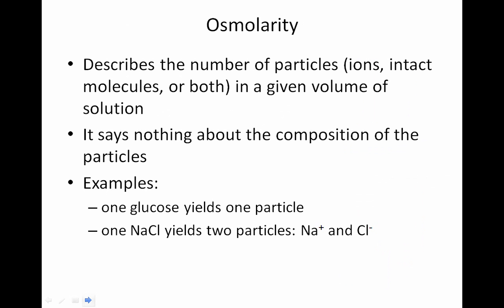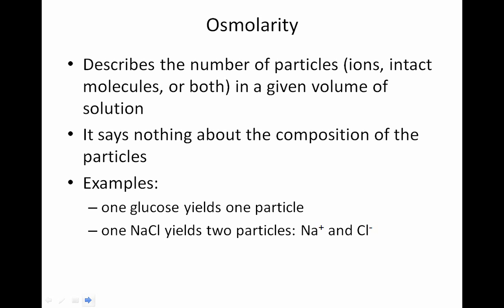Now, osmolarity, the term we use to describe the number of particles in a solution, includes ions, intact molecules, or both. Anything that you put into a solution contributes to its osmolarity. This doesn't say anything about the actual composition of the particles.